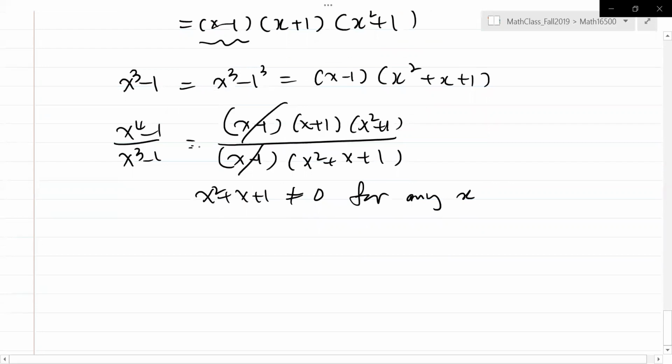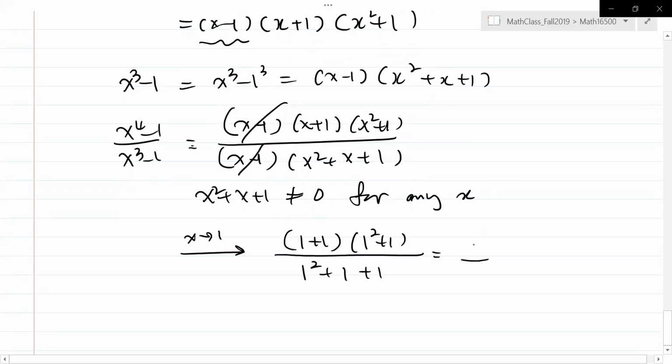But let's continue. Since x squared plus x plus 1 is never 0 for any x, then as x approaches 1, all you have to do is plug 1 in for x into the numerator and the denominator. So the answer is going to be 4 over 3.